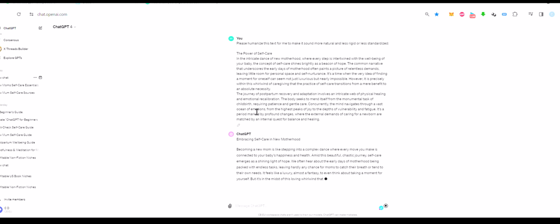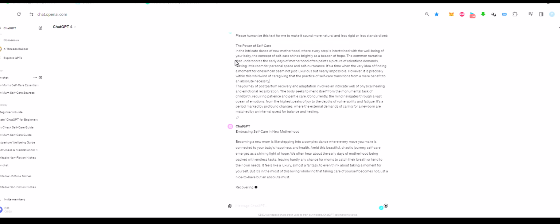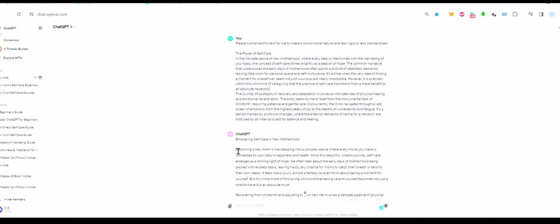So what do we have? An intricate dance of new motherhood, where every step is intertwined with the well-being of your baby. And then we have: becoming a new mom is like stepping into a complex dance where every move you make is connected to your baby's happiness and health. All right, I mean, it's not very different, but I already like it more. It sounds a little more alive. Amid this beautiful, chaotic journey, self-care emerges as a shining light of hope.